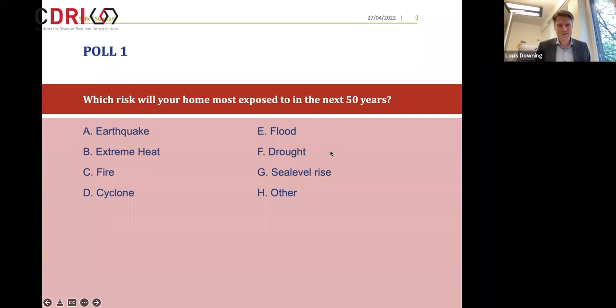First up, I'd just like to check that the polling function is working. So if we could go to the first poll, just to understand the people in the room: which risk will your home be most exposed to in the next 50 years? You should see a poll window appearing on your screen, and you can click one of the examples. It's a relatively short list of risks just to get a flavour of what kind of risks the people in the room are facing.